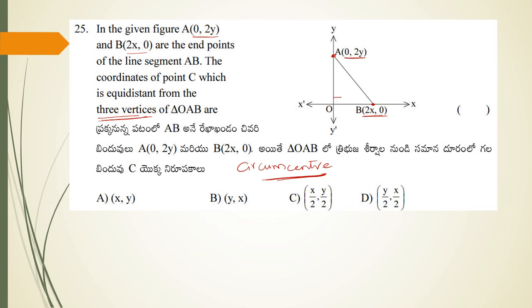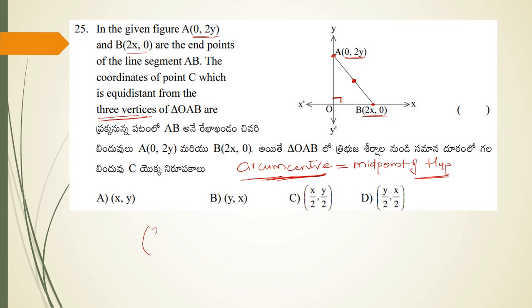Circumcenter. Since this triangle is a right angle triangle, for a right angle triangle the circumcenter is nothing but the midpoint of the hypotenuse. Remember this: the midpoint of the hypotenuse. What is the midpoint formula?